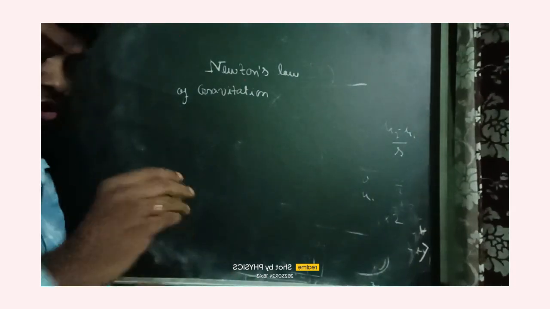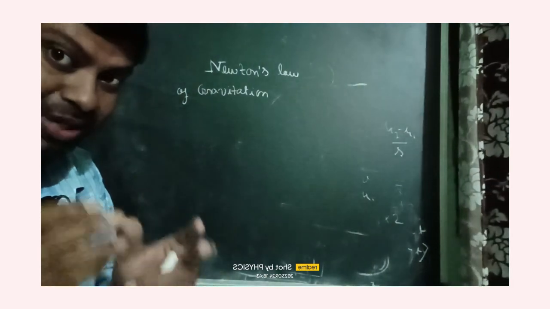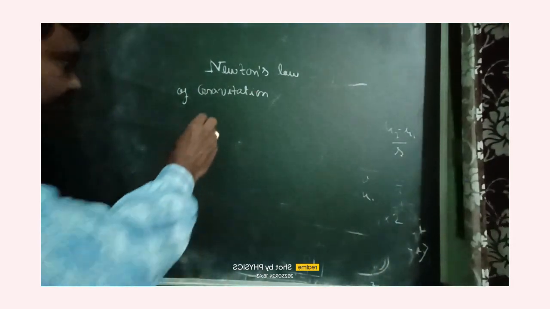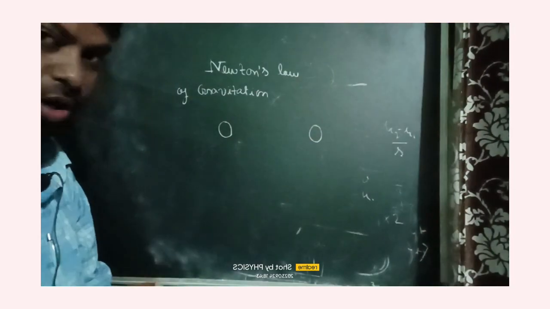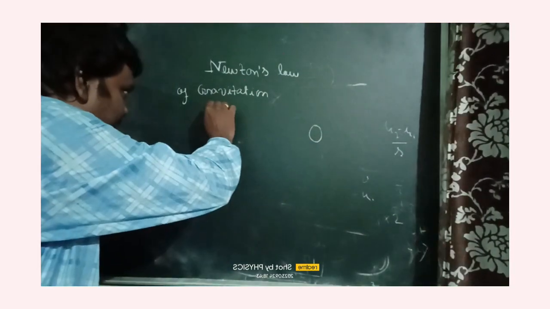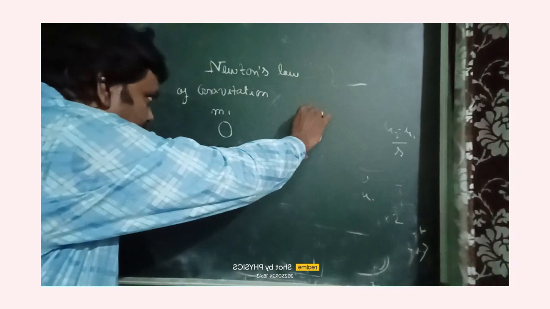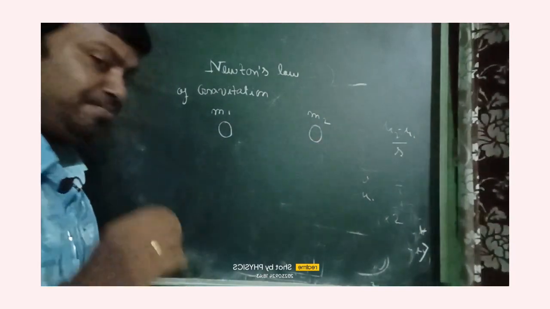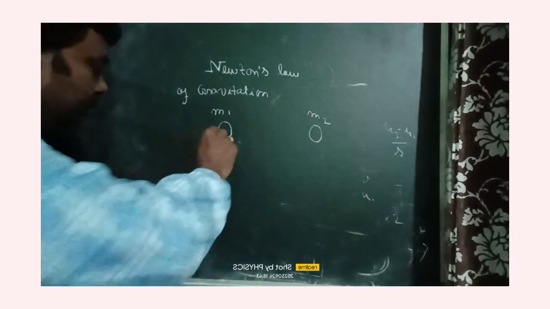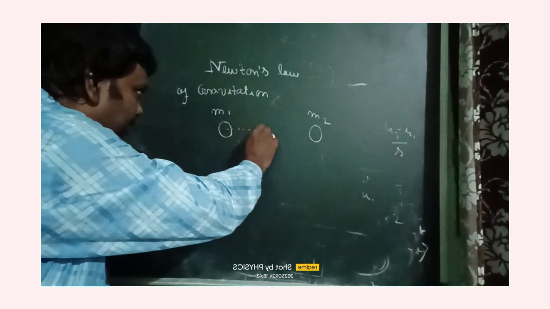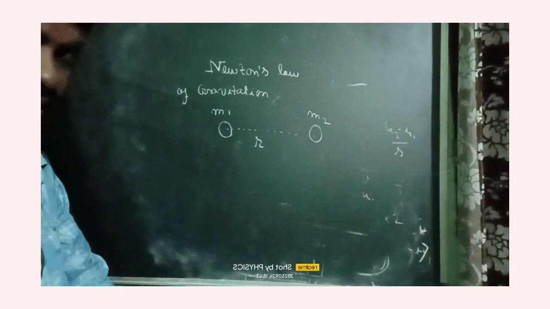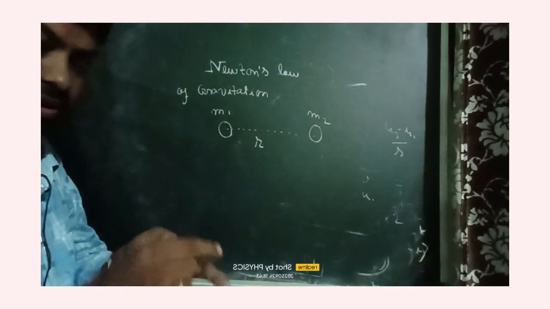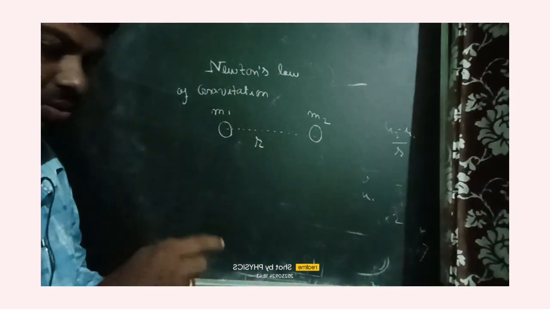So, let's draw a diagram to better understand the concept. These are two objects of masses m1 and m2, separated by distance r. In between them, there is an attractive force.